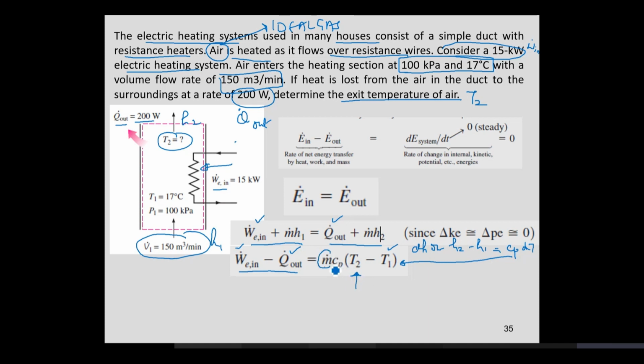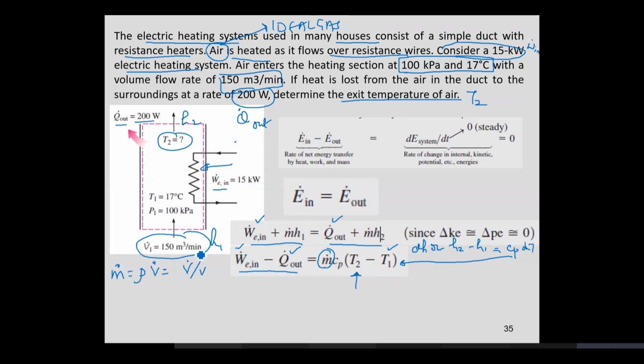How can I find out the mass flow rate? Any suggestions? Is the volume flow rate given here? Density, then temperature, from the ideal gas equation we will find it. Very good. The mass flow rate is essentially equal to density multiplied by the volume flow rate, or volume flow rate divided by the specific volume.